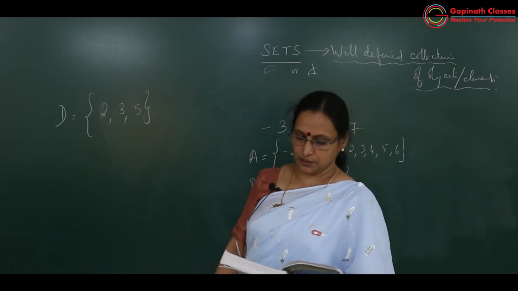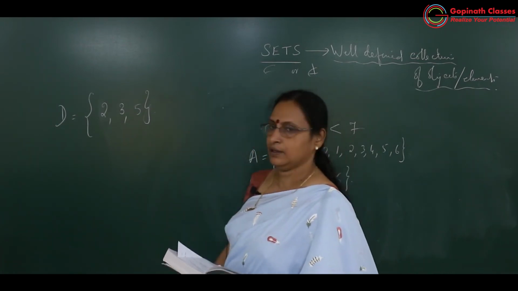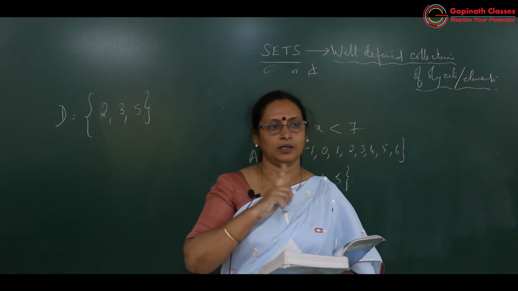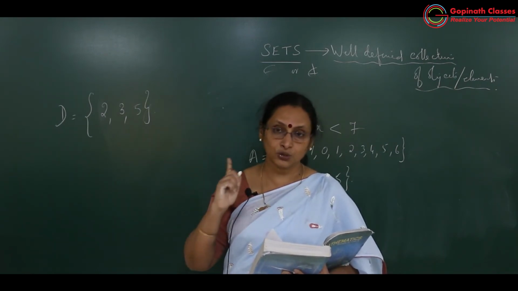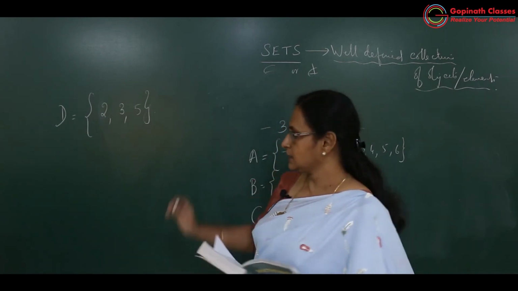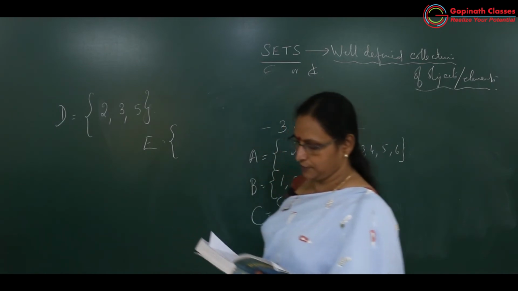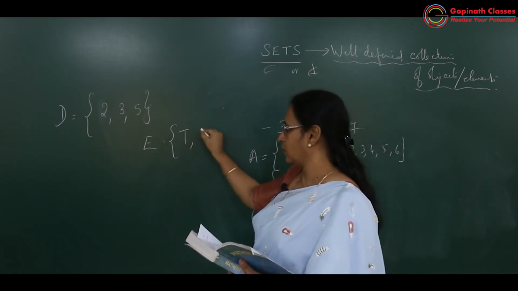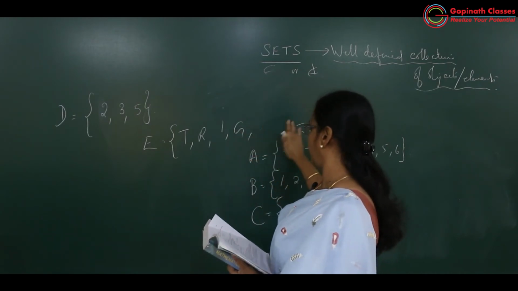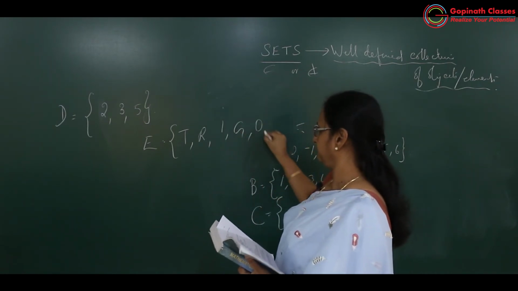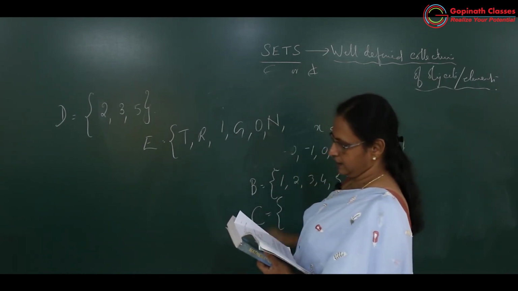Look at the fifth question. The set of all letters in the word trigonometry. Another rule of listing set elements is that you should not repeat any element. Suppose we have to write all the alphabets of trigonometry, so we will write T, R, I, G, O, N. O is not to be repeated again.